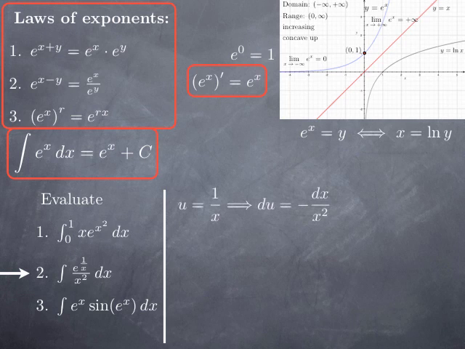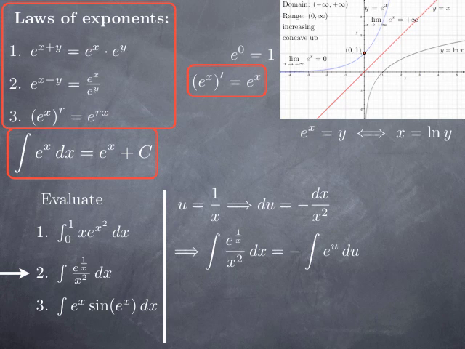Because the derivative of 1 over x is negative 1 over x squared, we get for du negative dx over x squared. Notice that we have dx over x squared inside our integral, so we're going to replace it by negative du. And then the other part is e to the u, so that our integral can be rewritten negative integral of e to the u du.